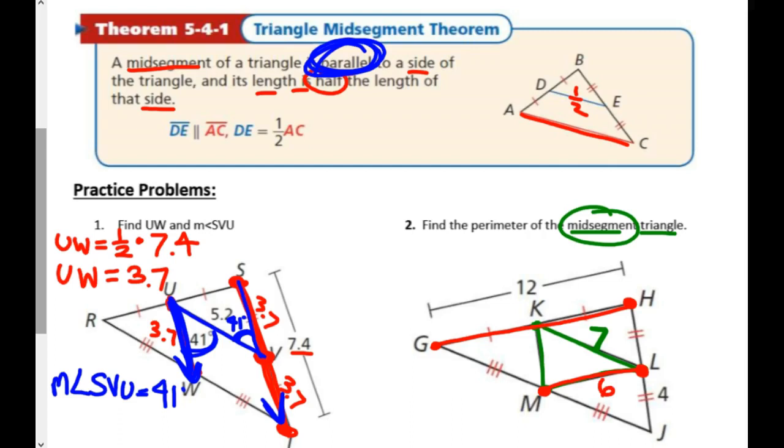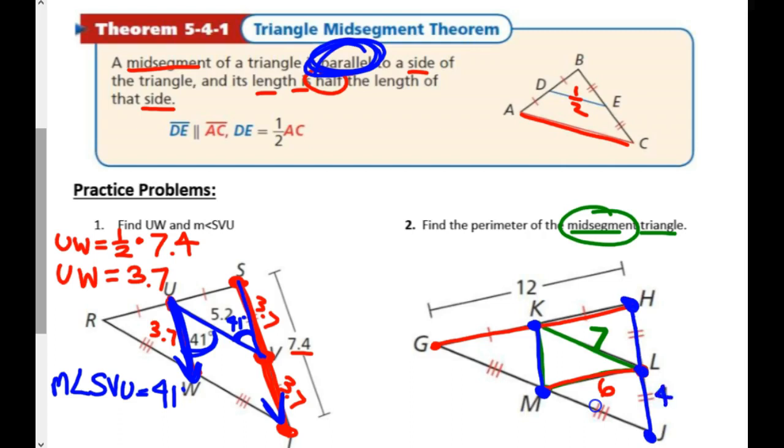Is everyone seeing why I did that? Parallel side to mid-segment is 1/2. Okay? Now what else is missing? Well, the third side of that mid-segment triangle, KM, that's missing. Now I'm going to look over here, the parallel segment. 1/2 of the parallel segment is 4.